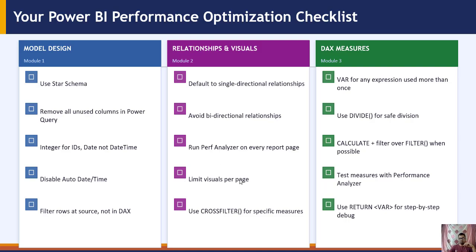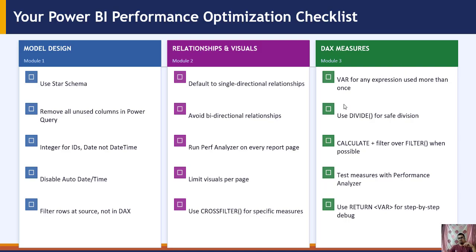Limit visuals per page; an optimum number of visuals needs to be used. If a visual delivers the message clearly, only then should we use it. We should not dump the report page with visuals. Use cross-filter for a specific measure, which comes with bidirectional relationships, wherever we need more than one relationship between two tables.